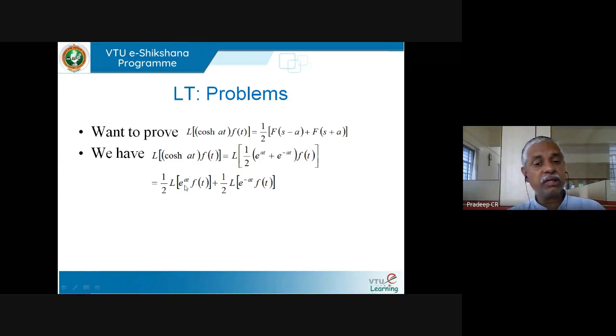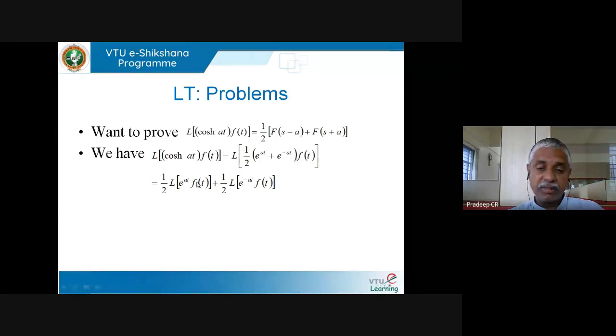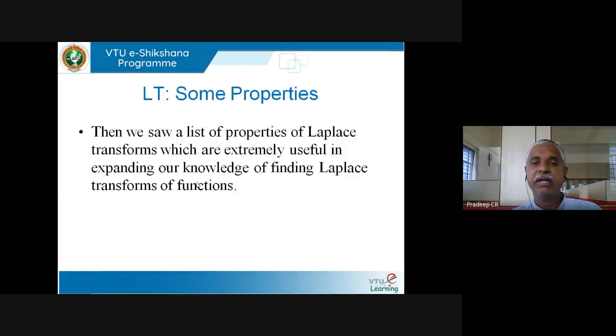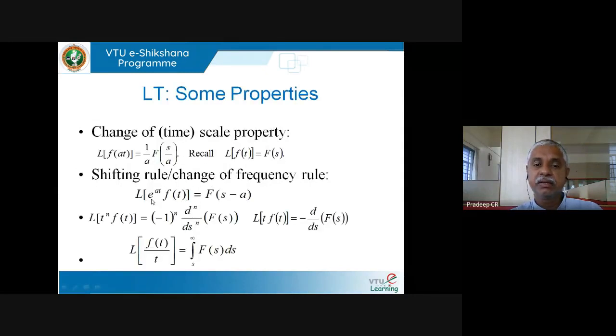Now, do I know anything about Laplace of e power at into f(t)? Should ring a bell. What is the bell? Here is the property which we are looking for, which is very important, I think. Laplace of e power at f(t) is capital F of (s minus a). The moment you see that, you should remember: if I know Laplace of f(t), I know Laplace of e power at f(t).